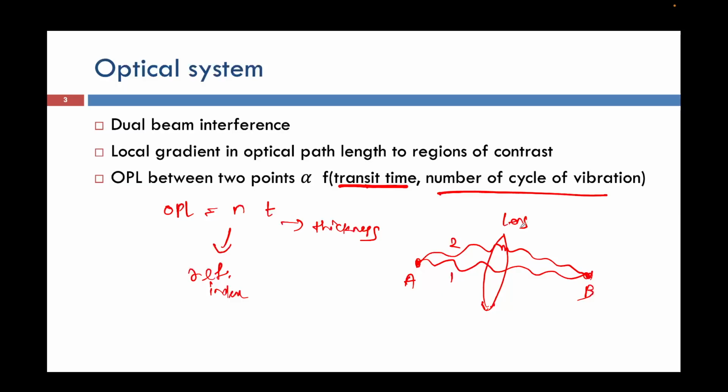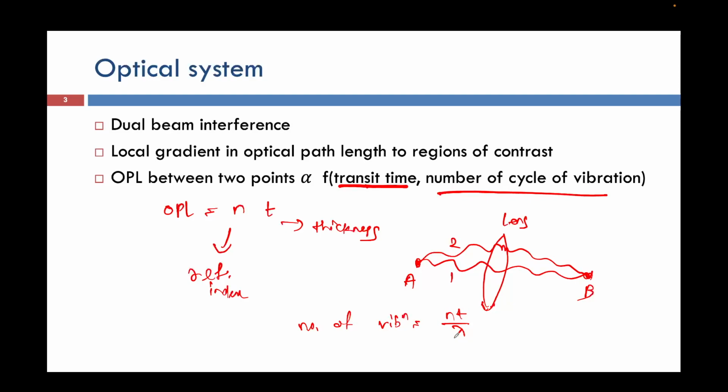The optical path length is given by nt, and the number of cycles of vibration is given by nt by lambda, right?